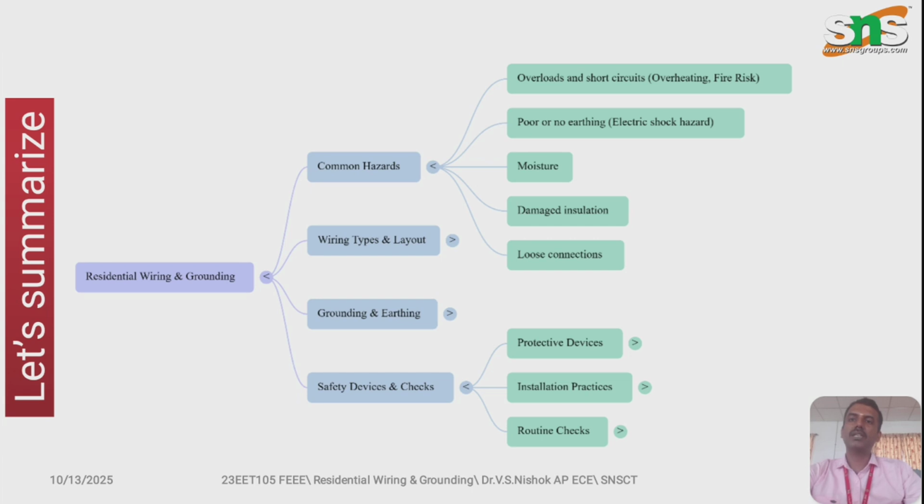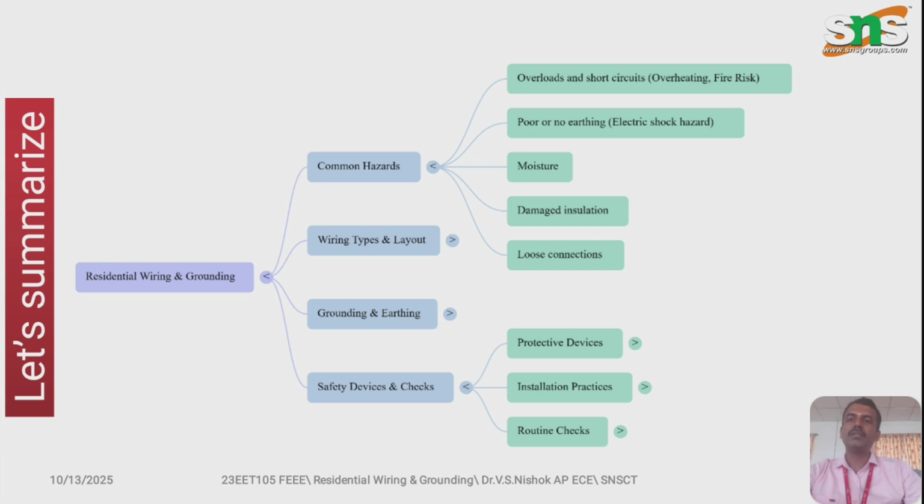We then saw the wiring types and different residential layouts like concealed wiring, surface wiring, and older methods also. Coming to grounding and earthing, we have seen three different earthing types based on the soil resistivity, to ground the faulty currents flowing through the circuit.